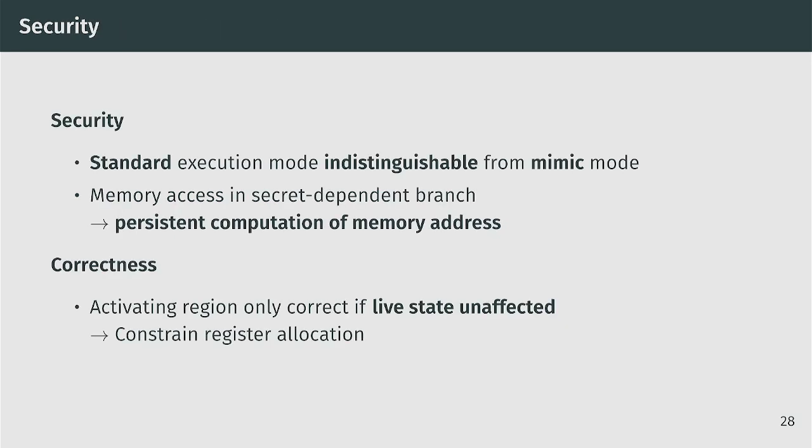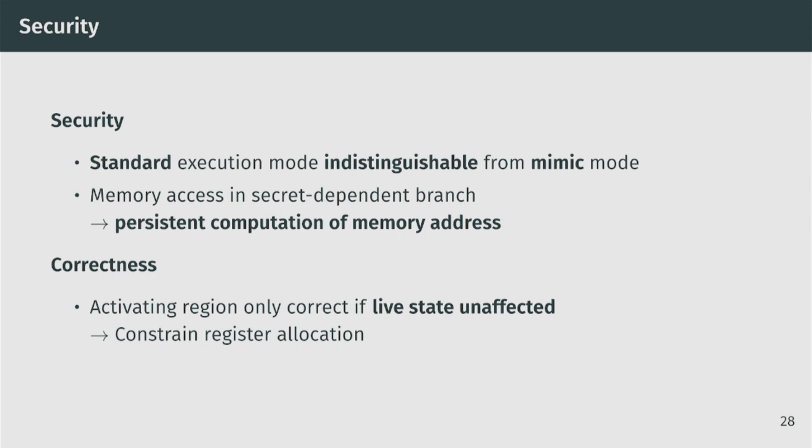But in order for this transformation to be secure and correct, a few additional conditions need to be satisfied. To be secure, standard execution mode should be indistinguishable from mimic mode. This means that inside the secret-dependent branch, we need to leak the same information in both modes.